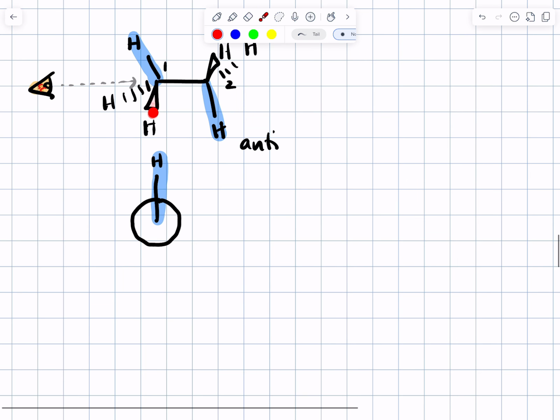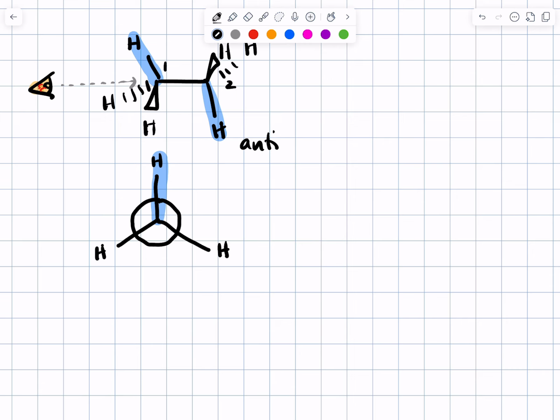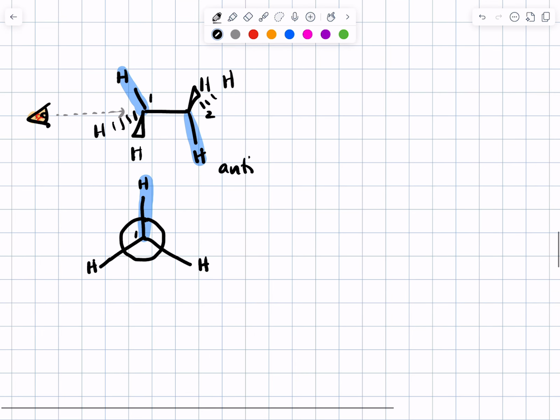The hydrogen that was a wedge here is now coming to our right, and the hydrogen that was a dash is now pointing down towards our left. That's what we see for carbon 1 in the front. Carbon 2 in the back we can't totally see, but we can see the things that are bonded to it. Here is the hydrogen in the back that's anti to the hydrogen in the front, and then here are the other 2 hydrogens in the back.